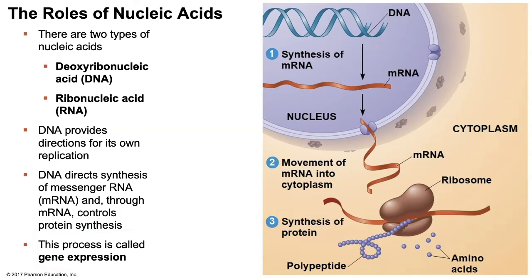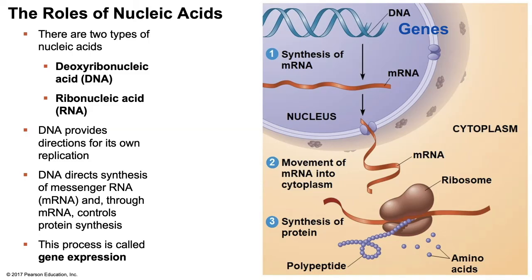As mentioned in chapter 1, the amino acid sequence of a polypeptide is programmed by a unit of inheritance, which we called a gene. Genes consist of DNA, the nucleic acid made of monomers called nucleotides.